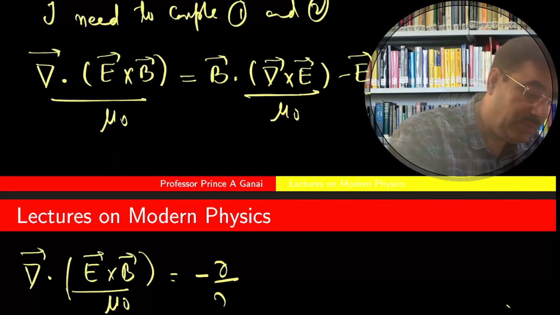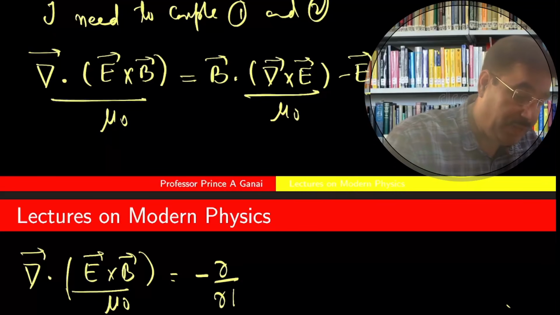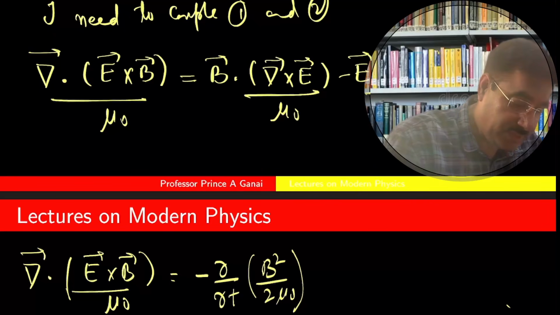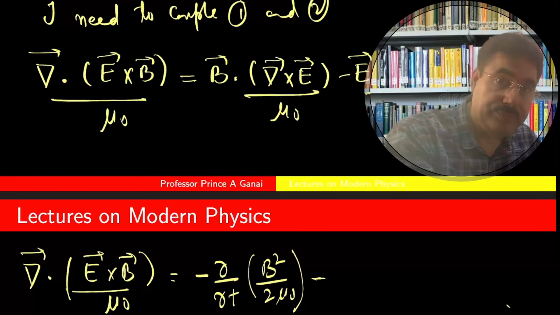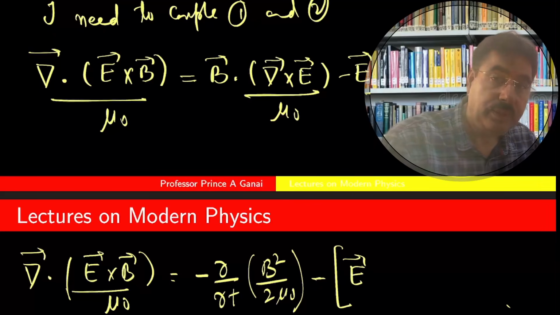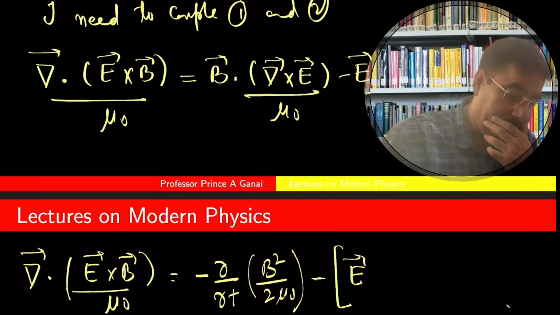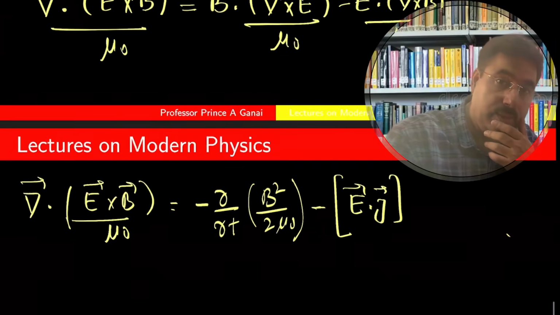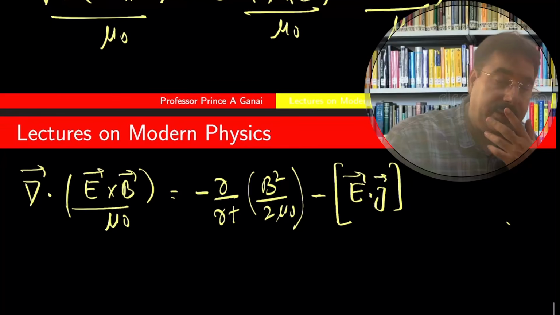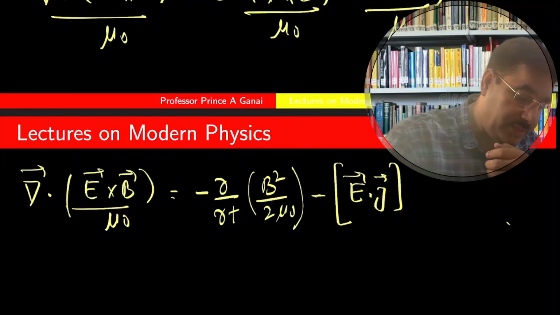Now we want to substitute this one, and for that we have, it's a minus term here, right? I will write minus first, then I have E dot J. Then what is the next term?